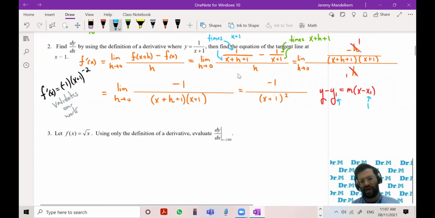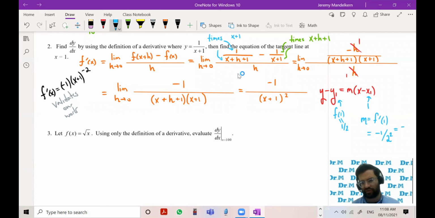So y1 should be f of 1, which in turn is equal to 1/2. And m here should be obtained as the derivative at 1, which is equal to, from our calculation, minus 1 over 2 squared. Okay, so that is minus 1/4.